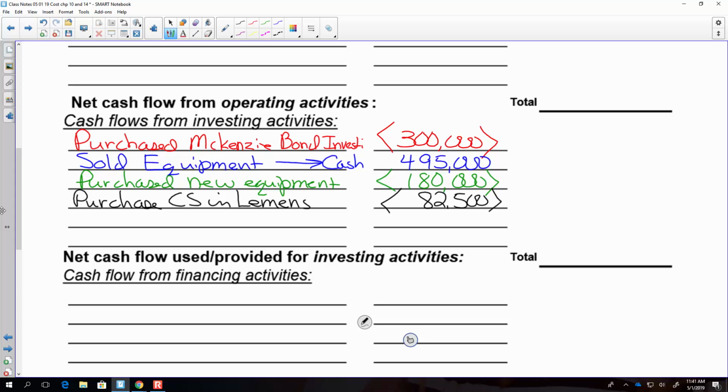So what is the net of all four transactions? What's my net cash flow used or provided for investing activities? I think I spent more than I got.